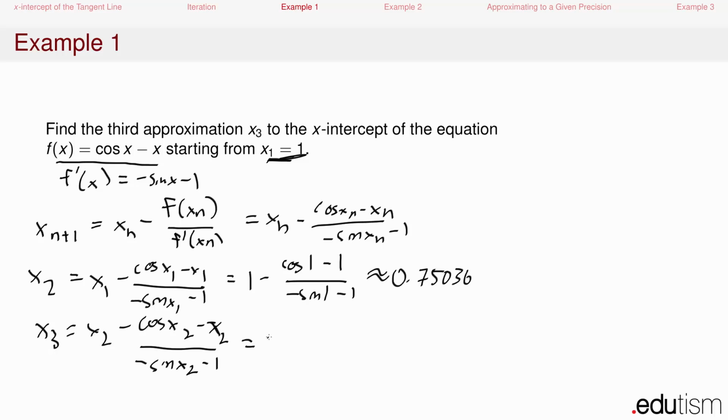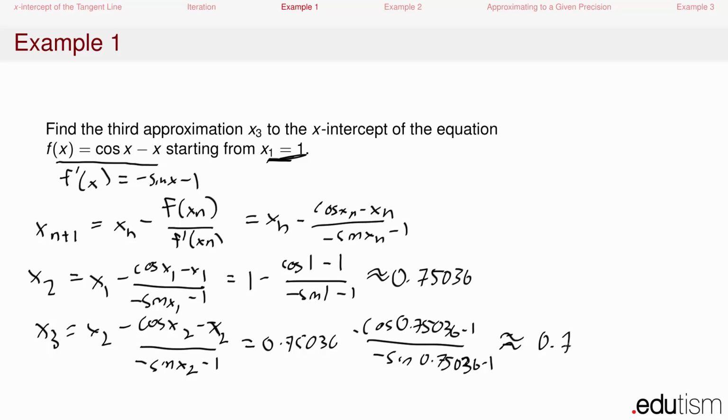Basically we're going to put in 0.75036 here: minus cos 0.75036 minus 1 over negative sine 0.75036 minus 1. And what does this give us? This gives us approximately 0.73911. So the third approximation, x3, is this number, 0.73911. It's a fairly good approximation to the x-intercept of this function.